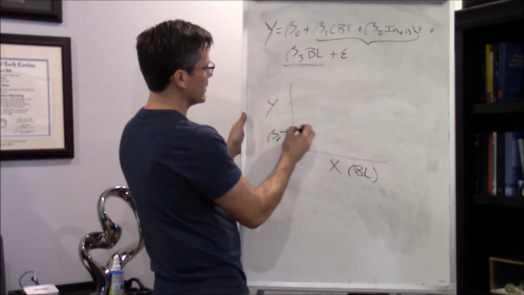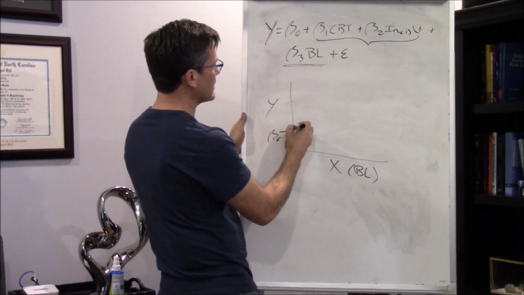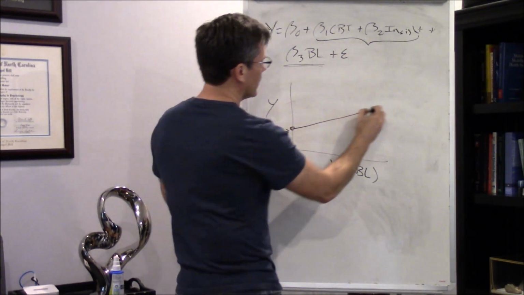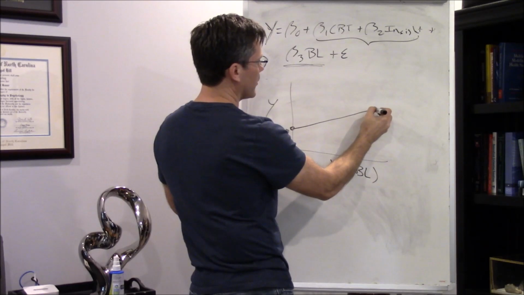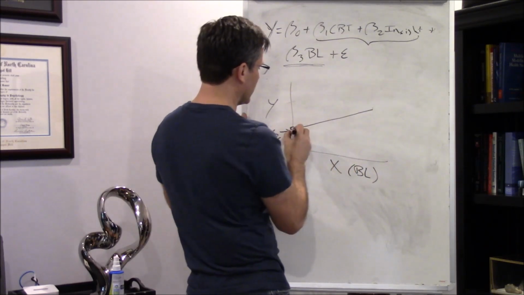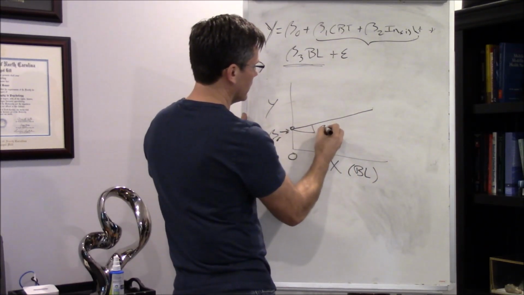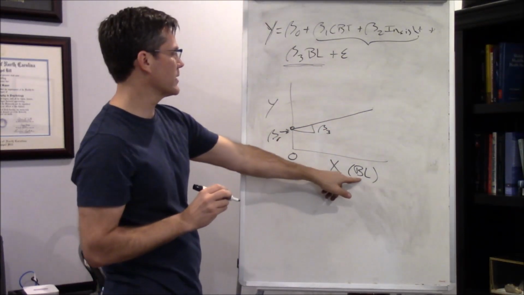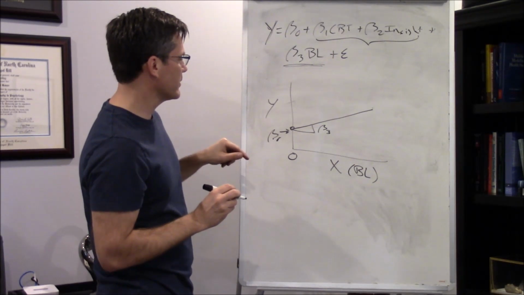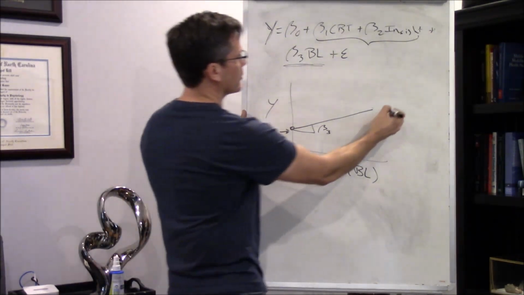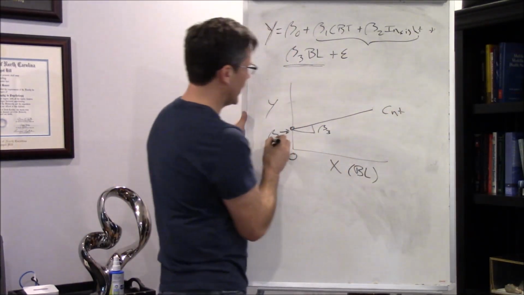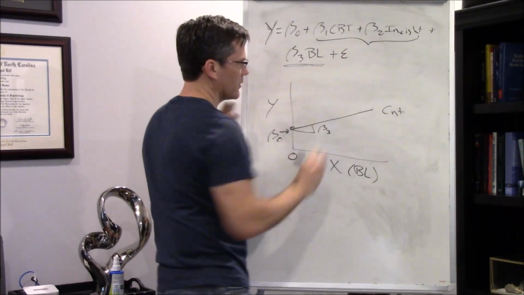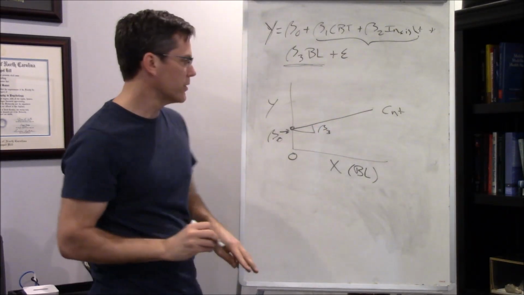And as satisfaction goes up, the later marital satisfaction goes up as well, and that's our beta 3, that slope, the effect of baseline satisfaction on later satisfaction. Within the control group, we start at beta 0, and we add beta 3 units per baseline unit of satisfaction.